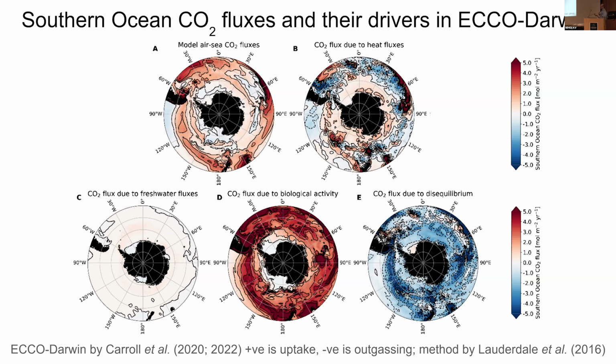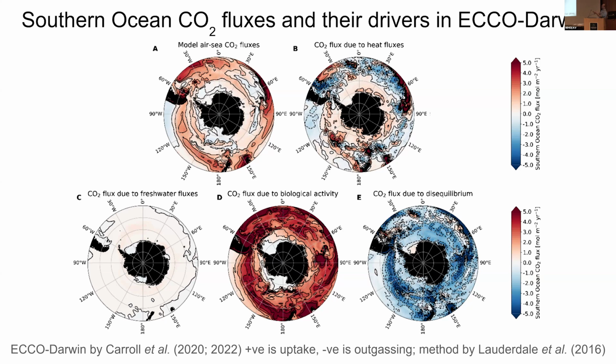In the Southern Ocean, the disequilibrium term is largely associated with the upwelling of deep ocean abyssal carbon. Because it's in ECCO-Darwin, it assimilates all the available observations that we have, including GLODAP and BGC Argo. So within the constraints of the model, this is as close to the data-based estimate that I was trying to recreate.